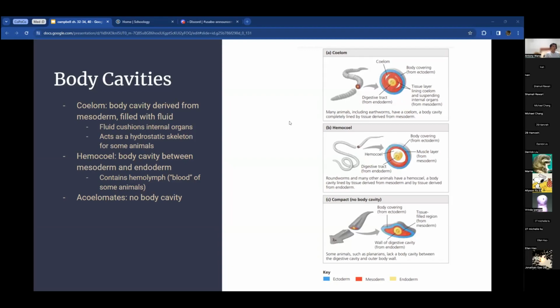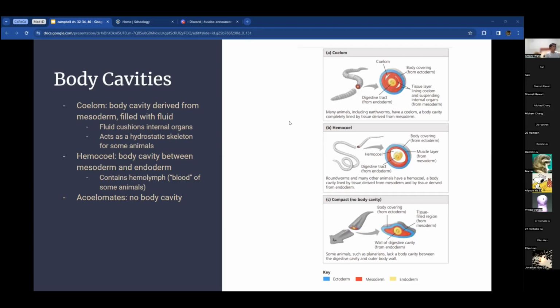This helps to cushion our internal organs. It physically separates the two. When your intestines undergo peristalsis and pump food along, you don't feel it in your abdominal wall because there is a cavity between them that cushions the movement.